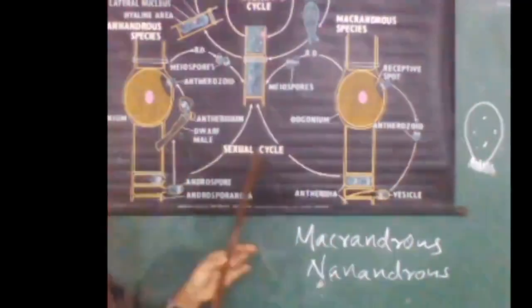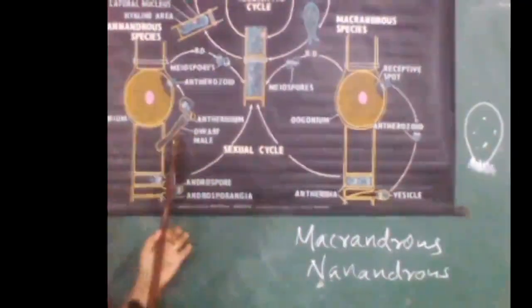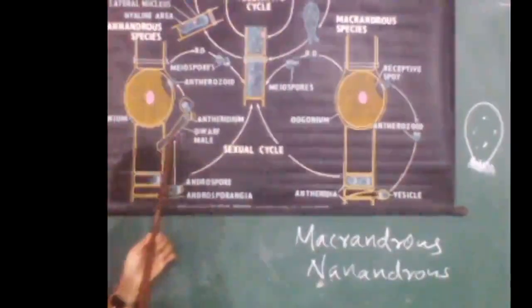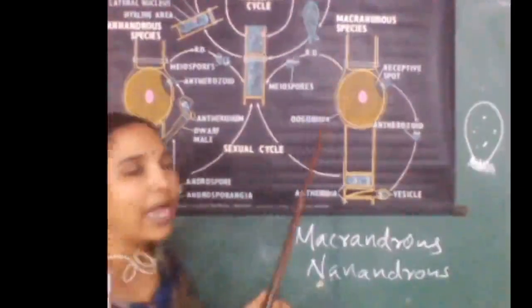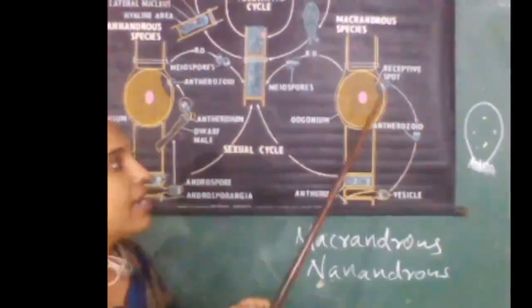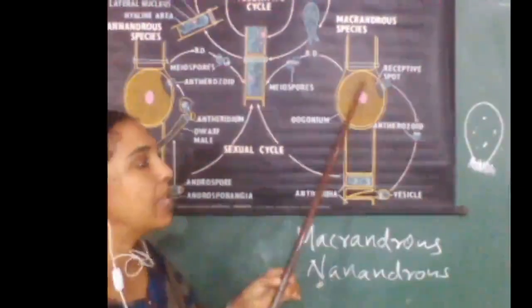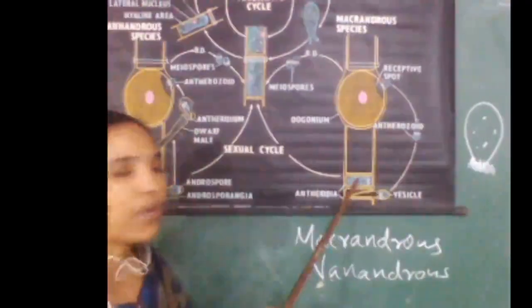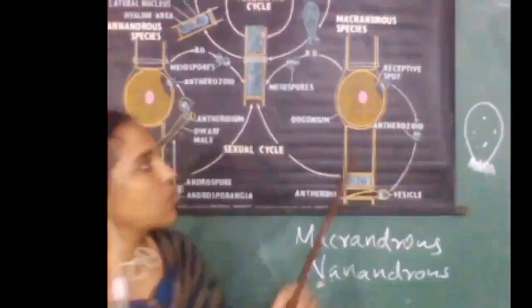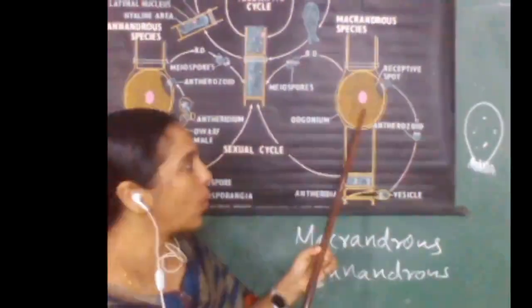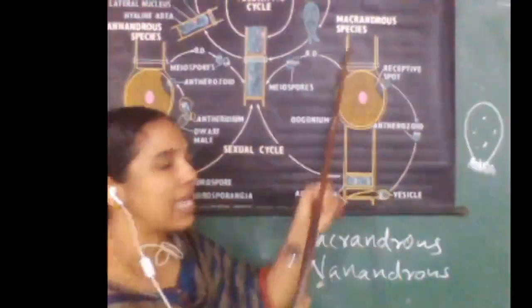You can see in this picture, this is the dwarf male or nannandria. Clear? And this is the Macrandrous species. Here, this is the oogonium, and in another cell you can see the production of antheridia. See the difference. In Macrandrous, oogonia and antheridia are in the same filament.